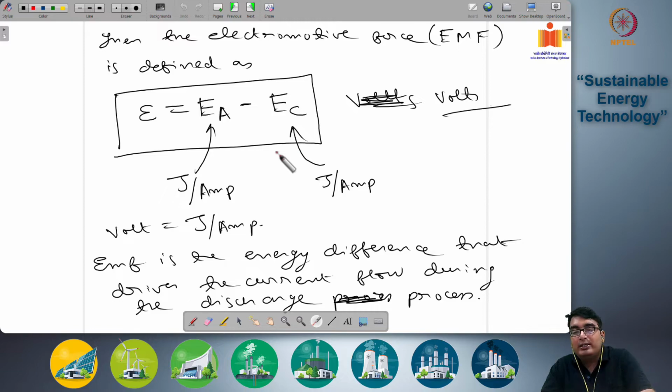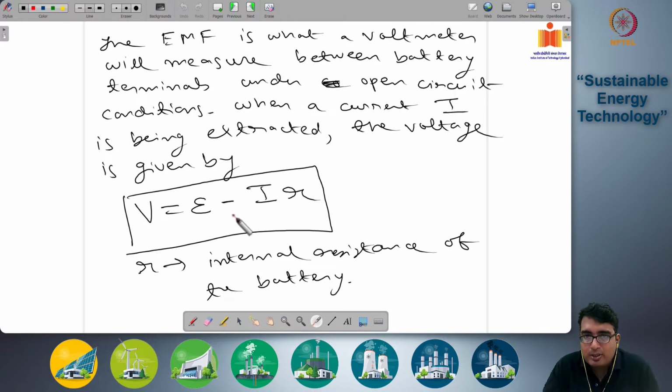So the voltage across the two electrodes, as measured in the external circuit, will be the EMF epsilon minus the current flowing into the internal resistance of the battery. So epsilon minus I into small r, where small r is the internal resistance of the battery, which is a combination of resistance to the flow of charged ions in the electrolyte, other dissipation based losses, etc. So this is the voltage that is actually measured in the external circuit.